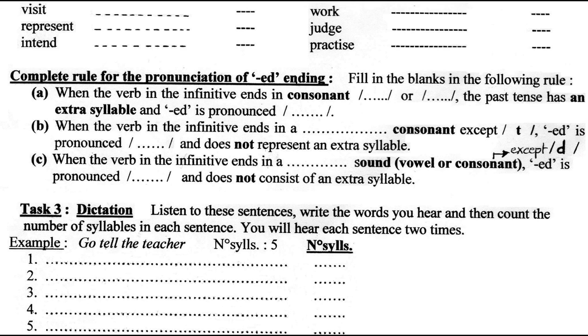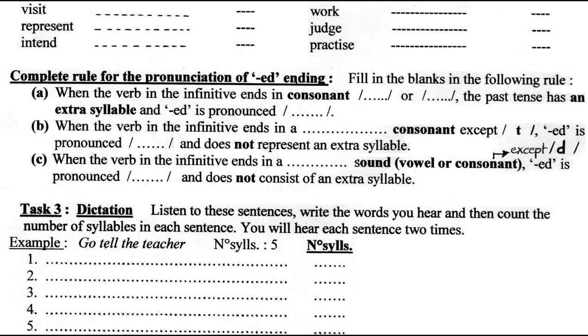We call this sound voiceless. So, ends in a voiceless consonant except t, ed is pronounced, of course, t, and does not represent an extra syllable. Great. This is the second part of the rule.